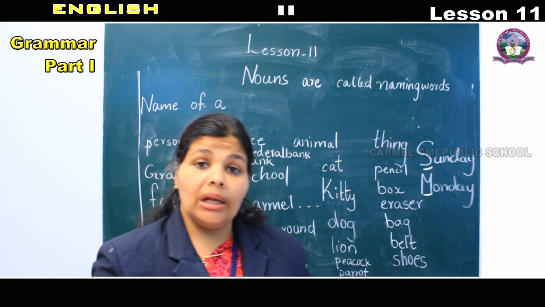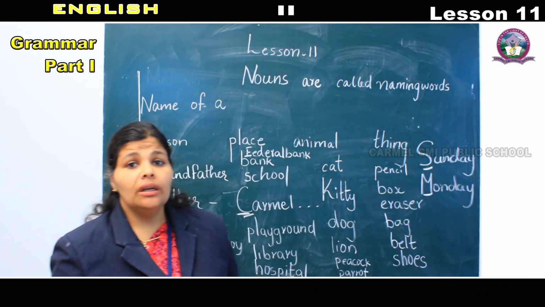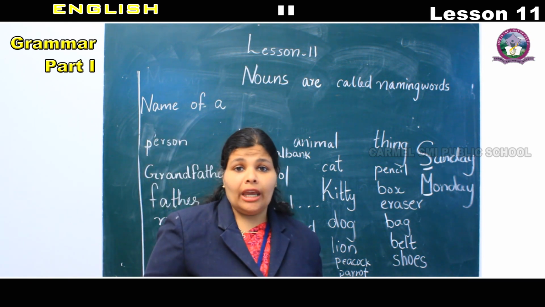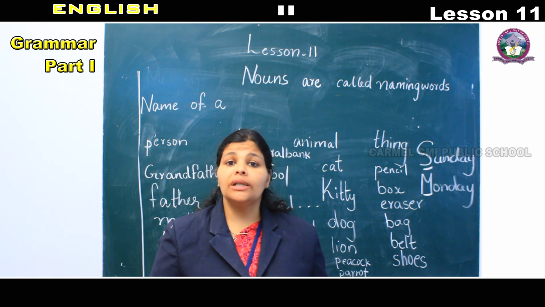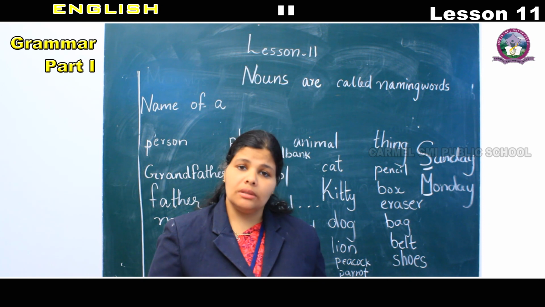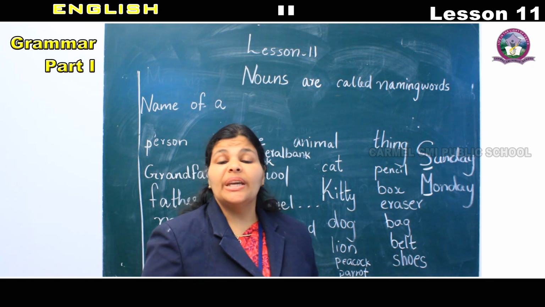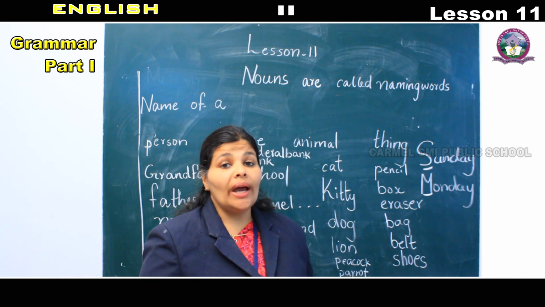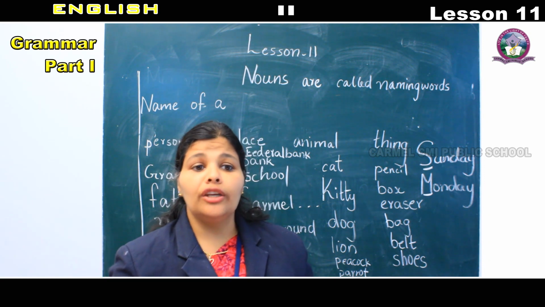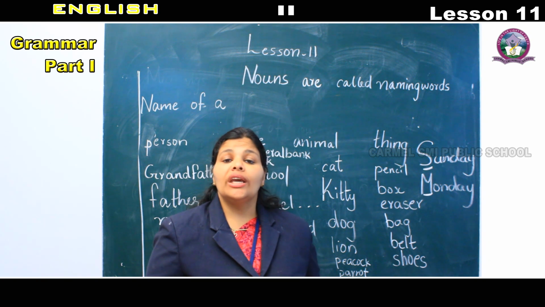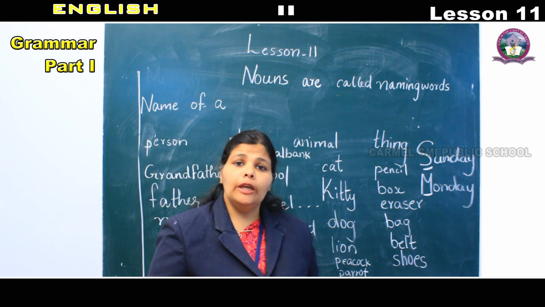Same way, the months. There are 12 months in a year. January, February, March, April, May, June, July, August, September, October, November, December. In this also, the first letter begins with capital letter. Why? Because it is a proper noun. January. J should be capital letter.